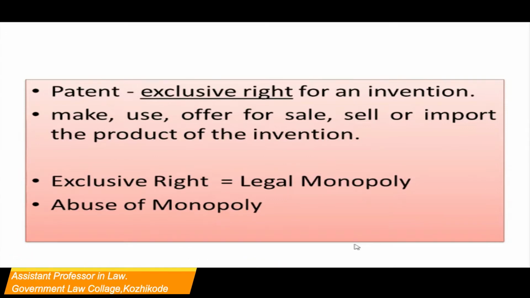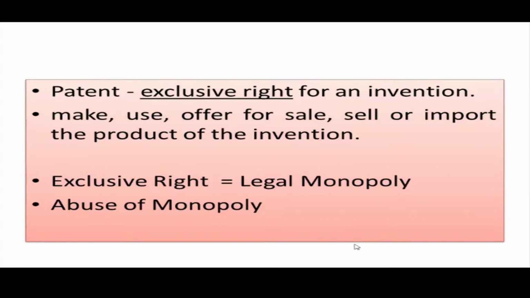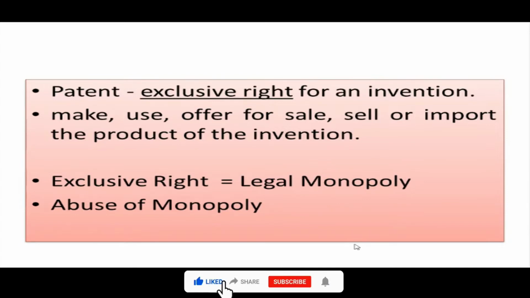Assignment of patent will usually be for a consideration, as we understand in contract law. Section 2(d) of the contract law defines consideration. So assignment is a complete transfer of ownership.